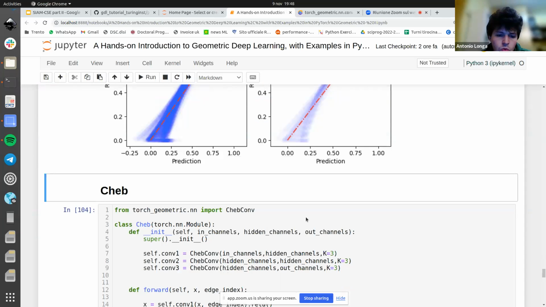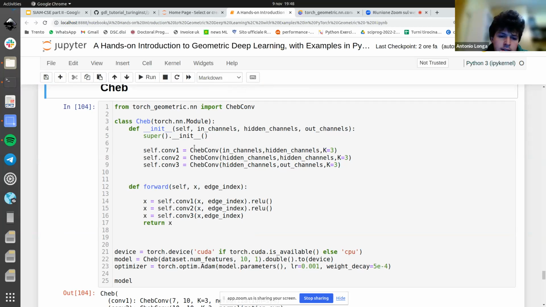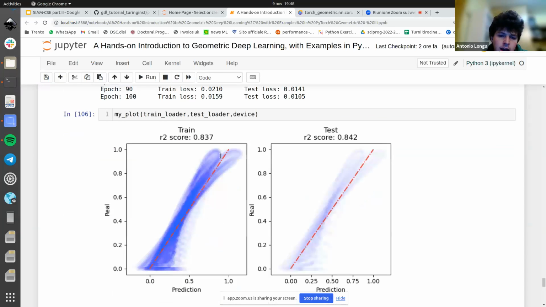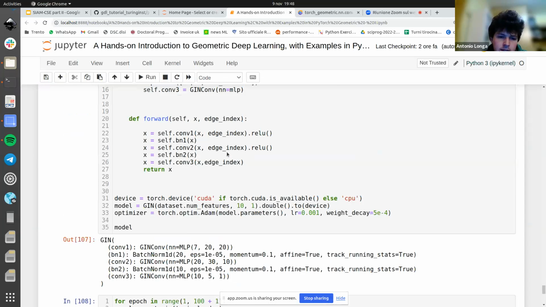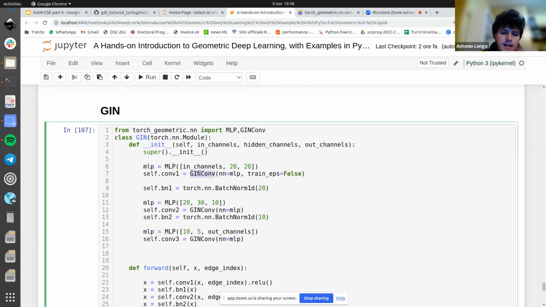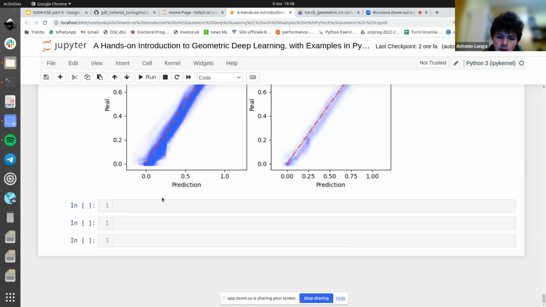And to conclude, it's the same with different other models. For instance, I have the Chebyshev, and again, I changed only Cheb here, and we have the same execution. Simply with Gene, that is another model, we have the best results.